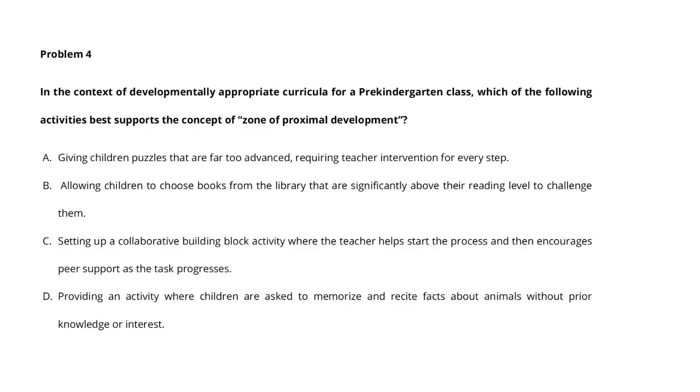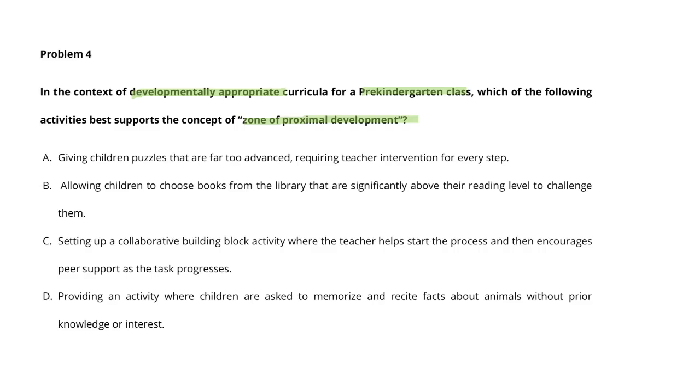In the context of developmentally appropriate curricula for a pre-kindergarten class, which of the following activities best supports the concept of zone of proximal development? A. Giving children puzzles that are far too advanced, requiring teacher intervention for every step. This is probably not going to be the best thing because there's no release of responsibility here, so A is not the best choice.